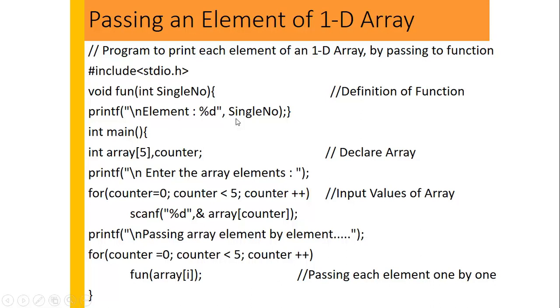The function is just printing the single value received from the main function, right? In this way all 5 elements of the array are passed to the function one by one and printed on the screen. This was the example of passing a single element of a 1D array to the function.